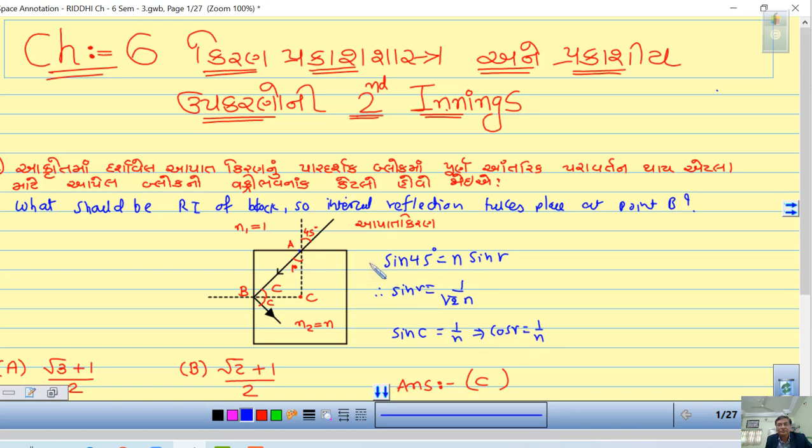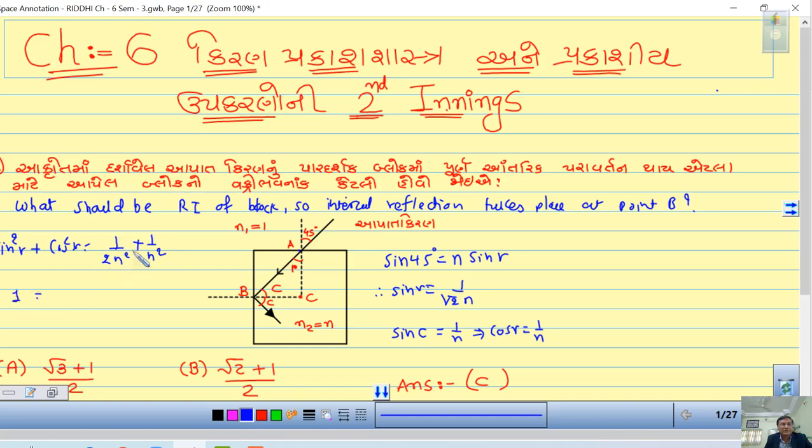So what we do, I square this, square this, then add. So we get sin square R plus cos square R is equal to, this is 1 upon root 2 squared means 1 by 2, n square plus 1 upon n square. This becomes 1.